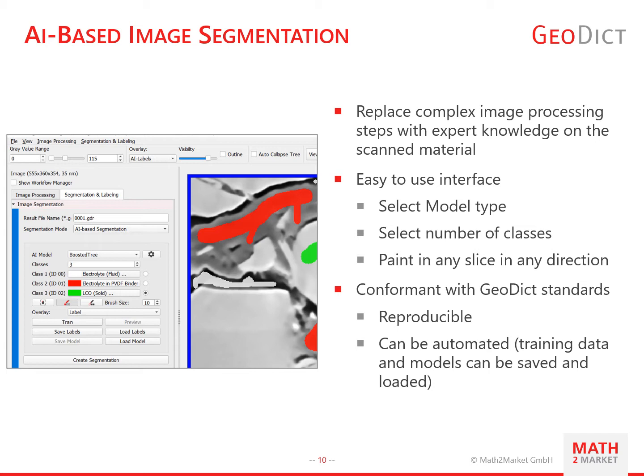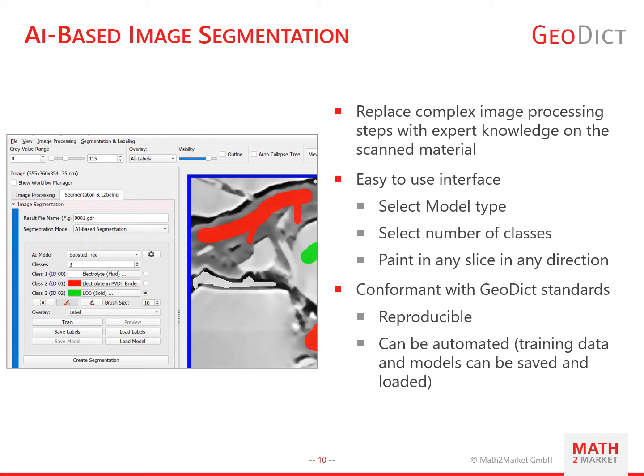In this example, we have three phases: the white pore space, the red electrolyte and binder, and the green LCO. And then you just train the segmentation method, and then you can click on the preview button to get a preview. If you like it, you segment the whole thing with one click.